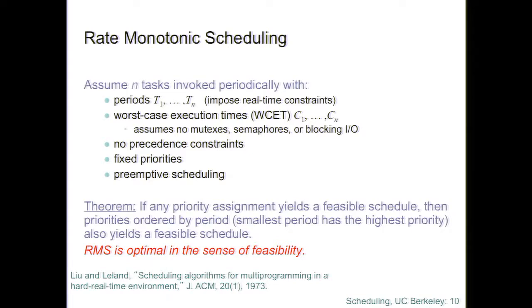They assume that there are no precedence constraints, so you can invoke these tasks in any order. They assume, in fact, no interaction between these tasks, so no mutex locks. They have no effect on each other's execution, and they can be invoked in any order.